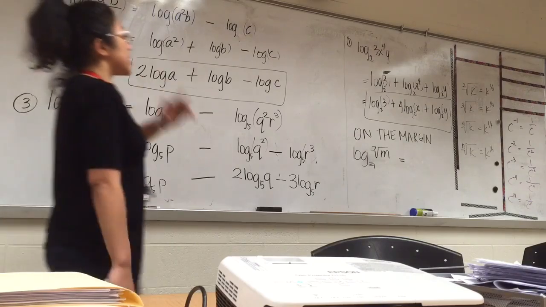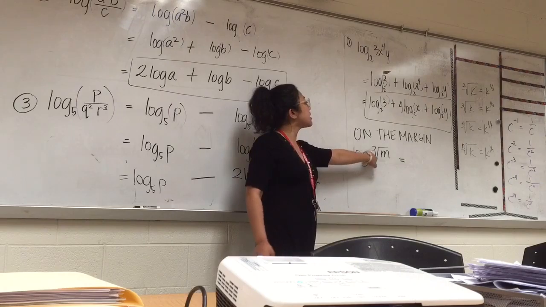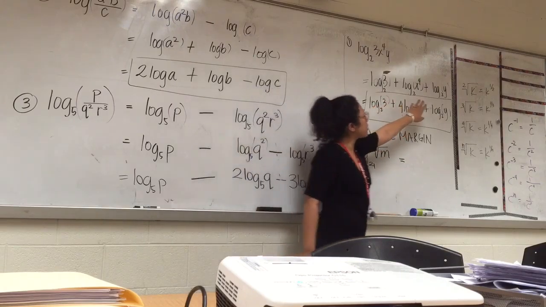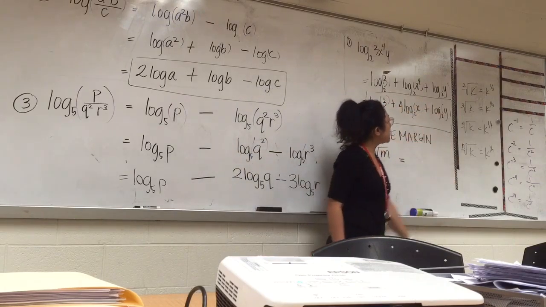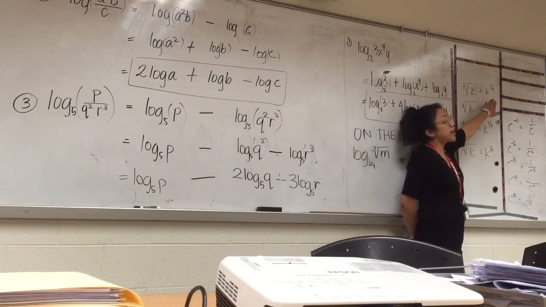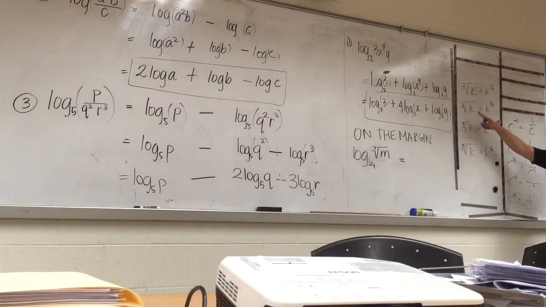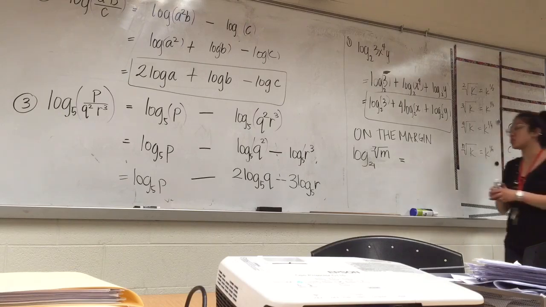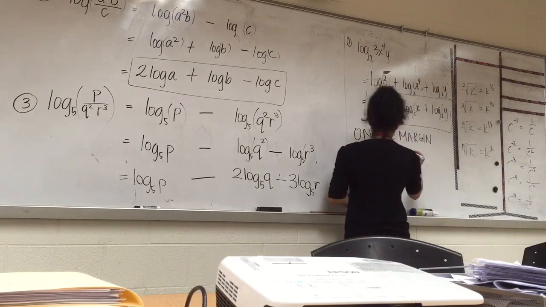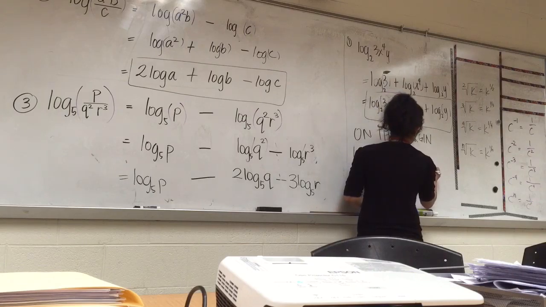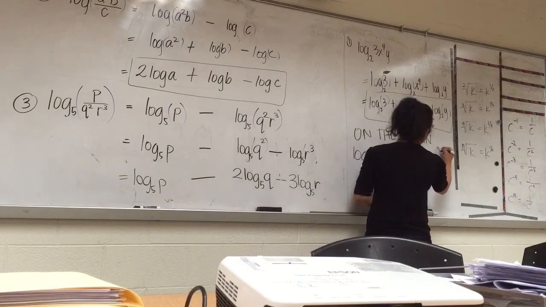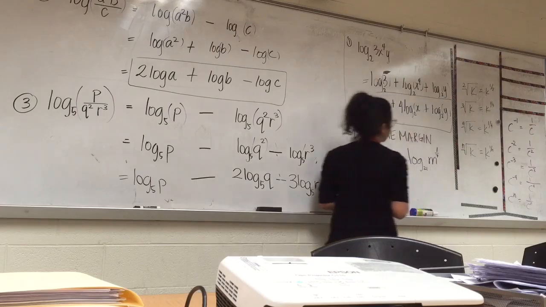We know that the 7th root is the same as an exponent. The square root is the same as a 1/2 exponent, the cube root is the same as a 1/3 exponent, the 4th root is the same as a 1/4 exponent. So this would be M raised to 1/7, so log base 21 of M raised to 1/7.